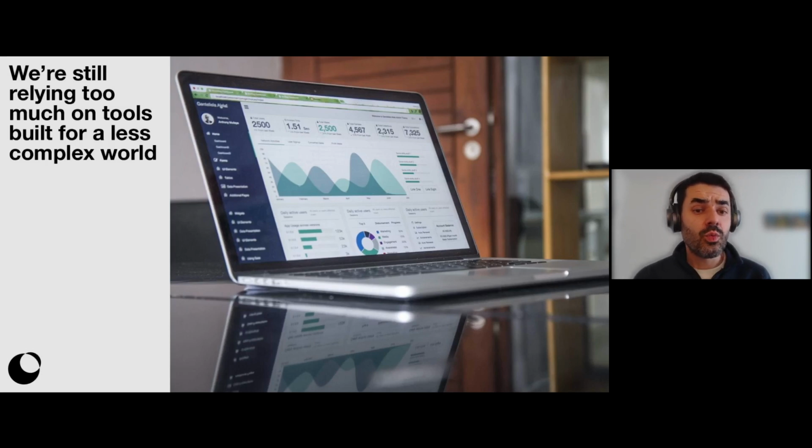And one big driver for these issues is really that we are still relying on tools that were built for a less complex world. And here you have a bit of an example of that. It's a dashboard, and it can be very effective when it comes to making sense of trends such as how sales are evolving, how many incident reports have been generated in the last 12 months.